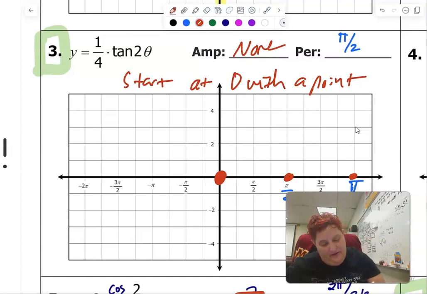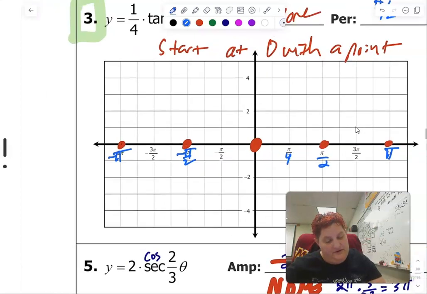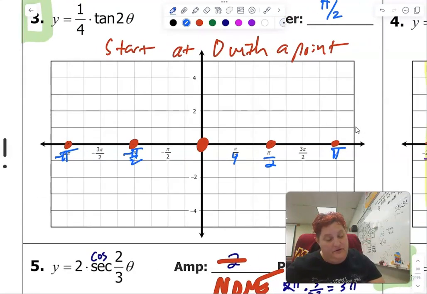And every time I go from dot to dot, it's another pi, and negative pi on the other side. Then you have to figure out the ones in between. If this was pi over 2, this one's got to be pi over 4, because that's half a period. It's halfway between the dots. So that's 1/4, 2/4, 3/4, 4/4. I'll just do the same thing over here.